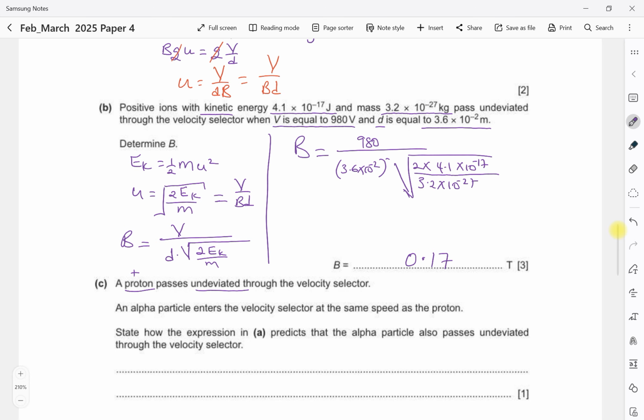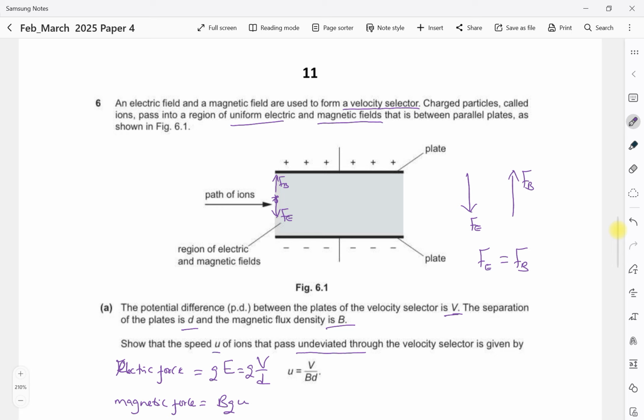So if we use Fleming's left-hand rule, the first finger is the field, and the second finger points in the direction of the positively charged particle. The second finger points in the direction of the current, which is the same direction as the flow of positive ions, and the proton is positive, so the thumb must be made to point upwards.